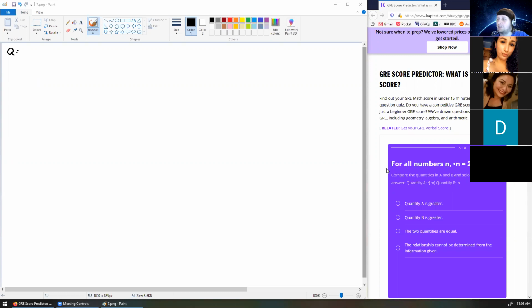Perfect. So for all numbers n, dot n equals 24 minus n, compare the quantities in A and B and select the appropriate answer. Quantity A, dot n, or quantity B, n. What we were first trying to do is figure out what the question is asking us. From the basic text here, it's not actually asking a question at all.